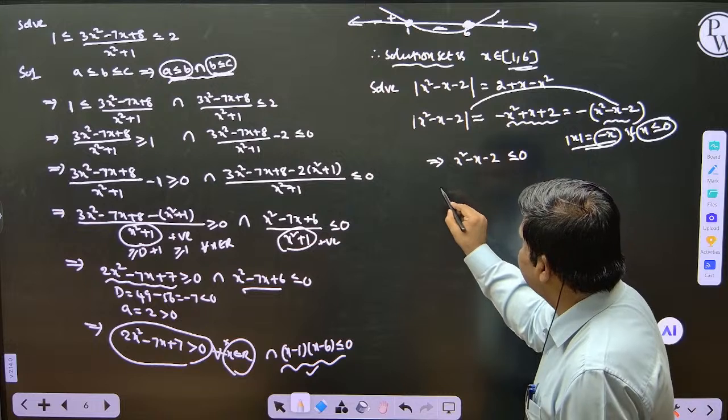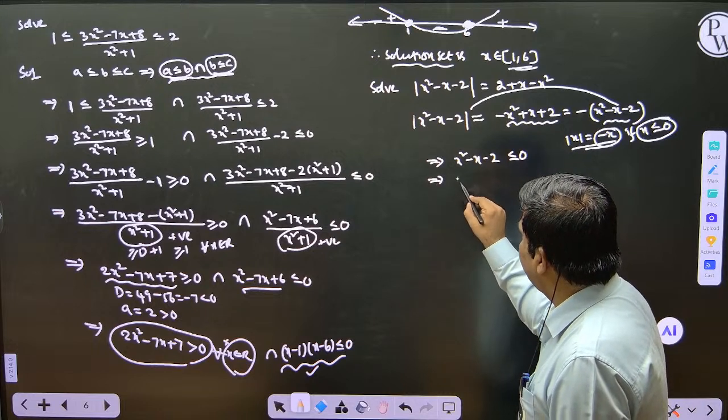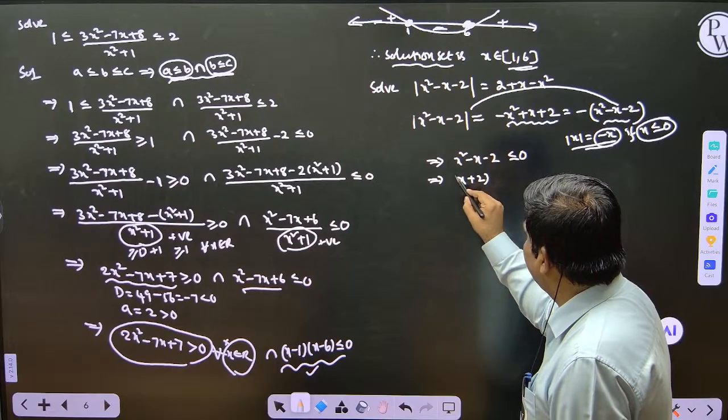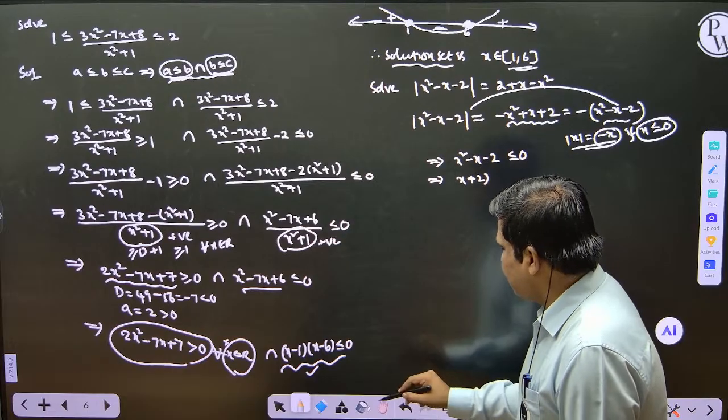Then factorize it. What are we getting here?